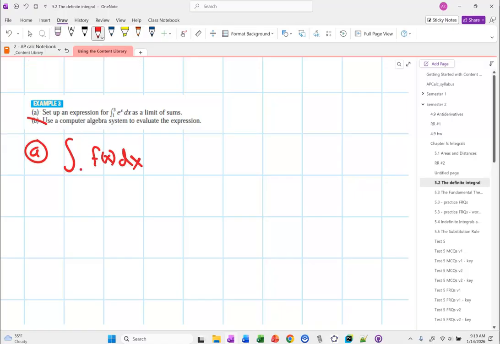Actually, I'm going to write this as. So we know that this expression is called an integral, and this is equal to the limit as n goes to infinity of the sum from 1 to n of f of xi delta x.